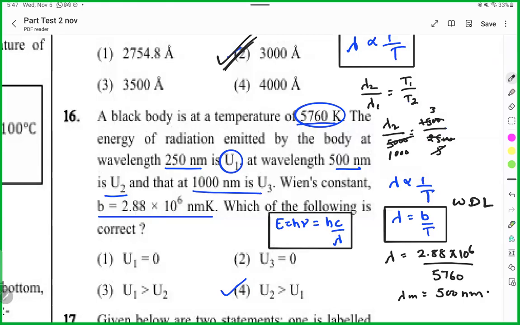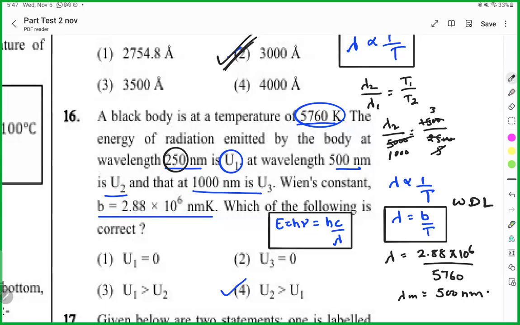If you increase wavelength, what will be the impact on the energy? Energy is inversely proportional to wavelength, and frequency is directly proportional to energy.